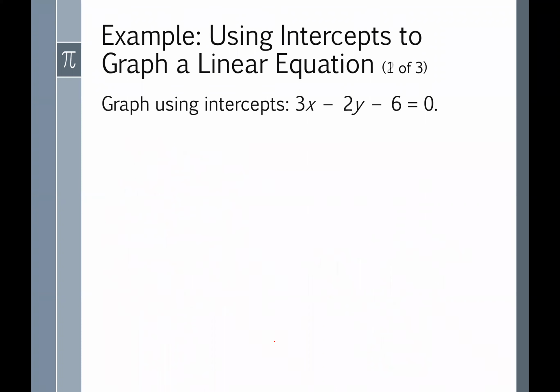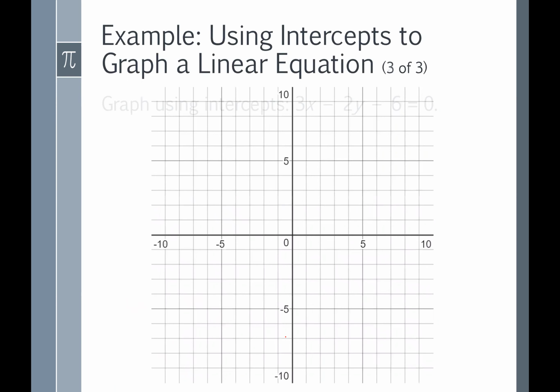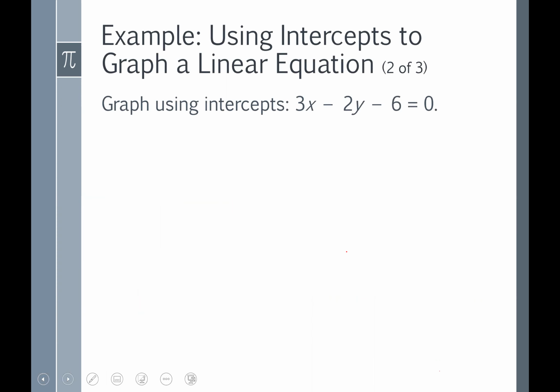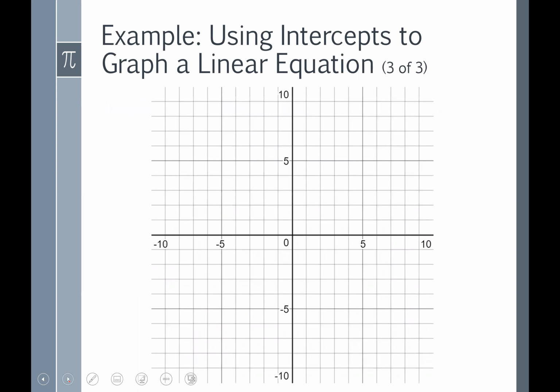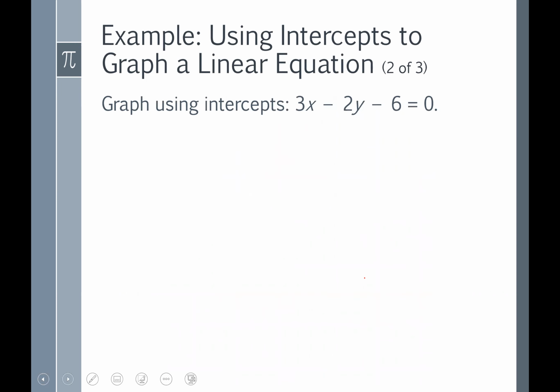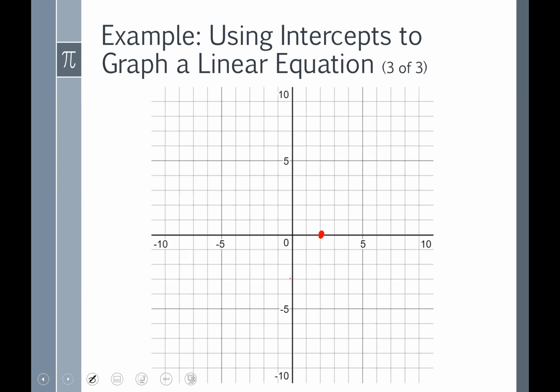So we're going to plot those now. So we have 2. Whoops. Help me out here, PowerPoint. So we had 2 for the x-intercept. And what did we have for the y-intercept? Did we have negative 3? And this works really well.